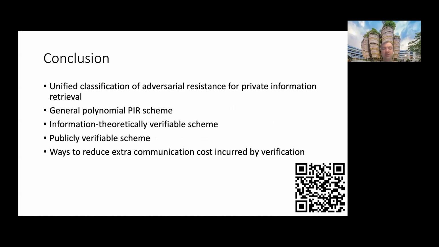I proposed an information-theoretically verifiable scheme for the general polynomial private information retrieval protocol and demonstrated how it works in the example of the Goldberg scheme. I proposed a publicly verifiable scheme, and also introduced ways to reduce the extra communication cost incurred by verification by introducing homomorphic hashes for the responses to the second queries.